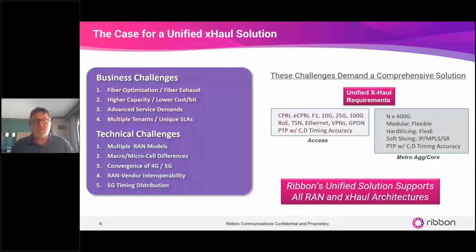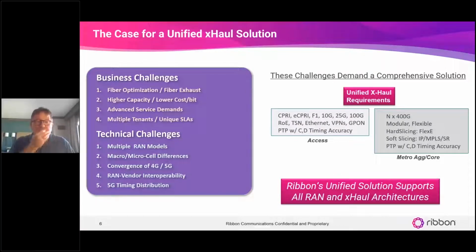That's just not workable. It's a non-starter. There are differences between the macro towers and the little micro cells I've talked about, like lighting up an arena or a downtown area with 5G. Those are challenges that have to be overcome.